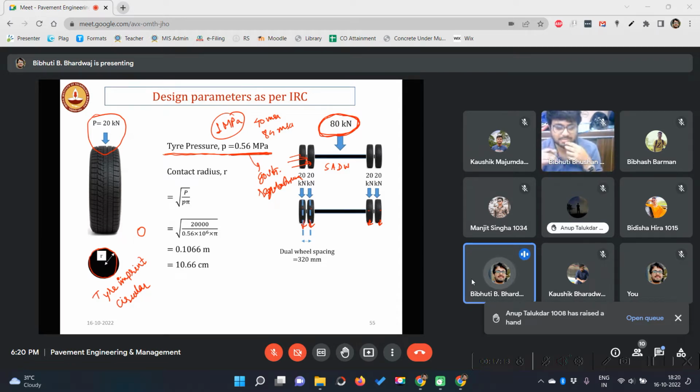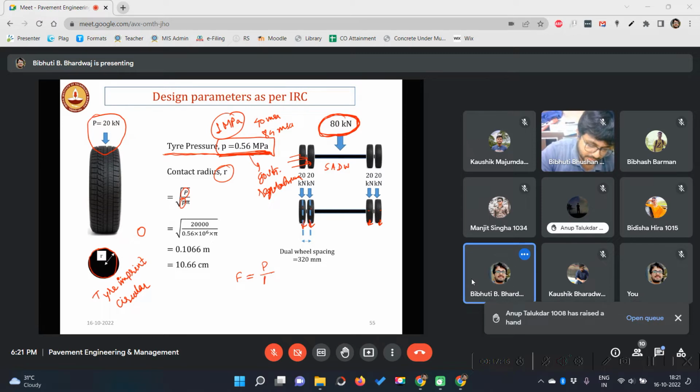But ultimately, you are damaging the pavement, and that is the cost, right? So that's why this is a government regulated value. So since this is constant, this is also constant. So can we find out simply what the contact radius will be? Right? So this P by P will give you the area, right? F is what?